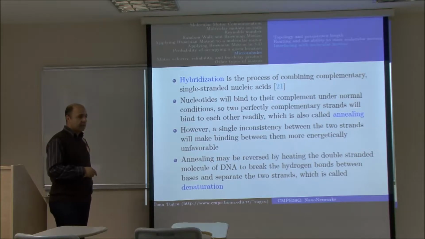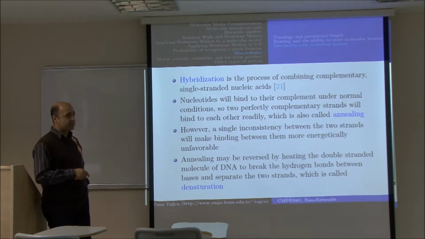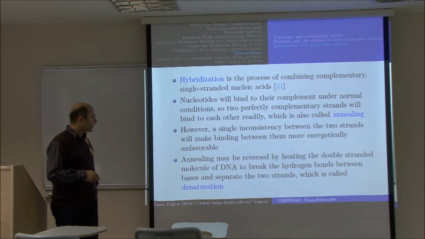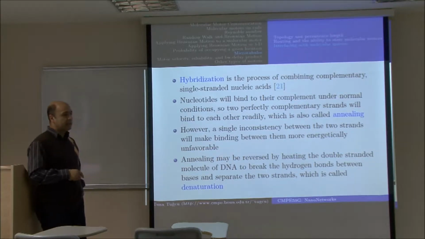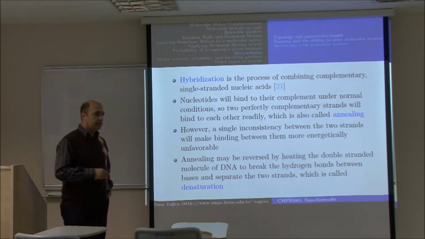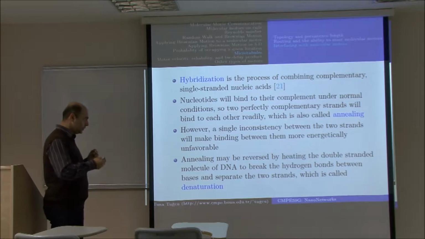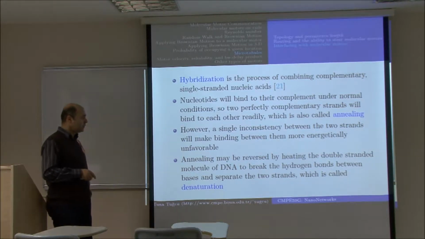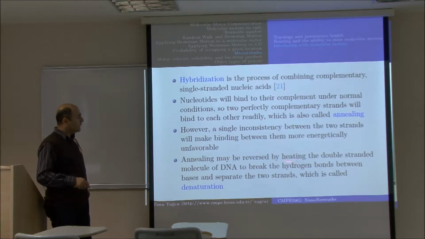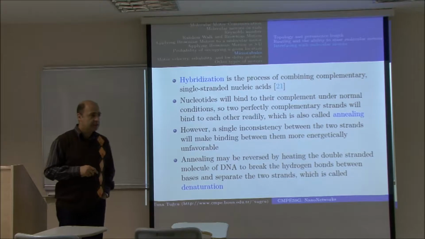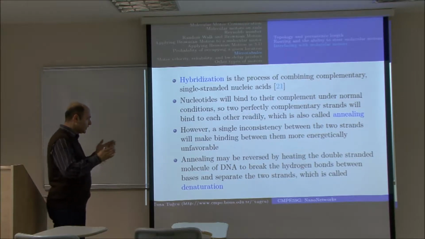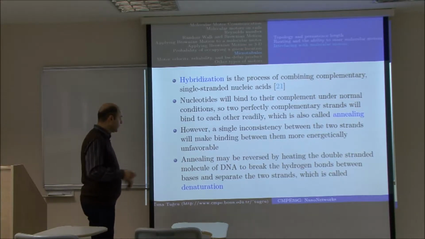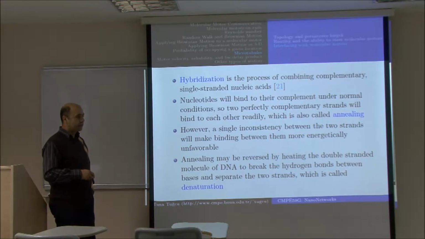So annealing will not be that strong in that case if there's some mismatch. Now annealing may also be reversed if you heat up this double-stranded molecule of DNA. What you do is break the hydrogen bonds that form this hybridization, and this way these two strands will be separated from each other. This is the inverse of annealing, and it's called denaturation.